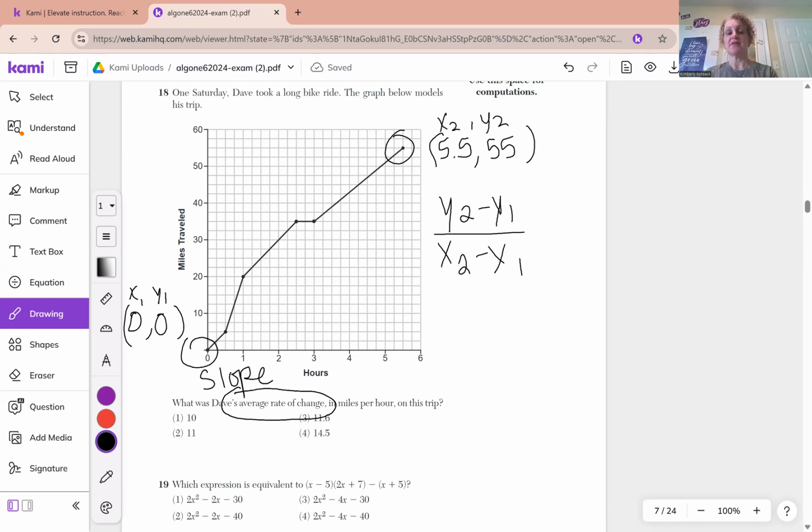So 55 minus 0 over 5.5 minus 0. And if you do the division, whether or not you do it in your calculator, you do 55 divided by 5.5 and you get 10. So just remember your biggest takeaway is average rate of change, which is slope.